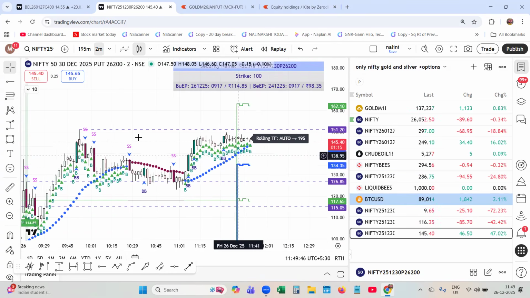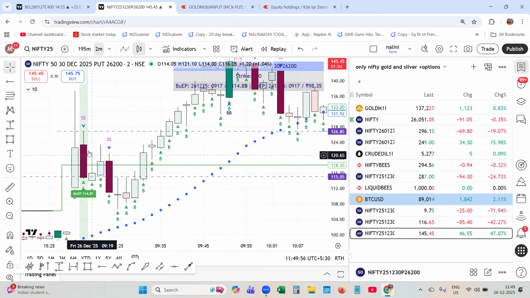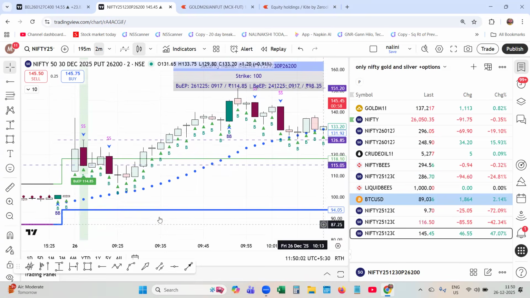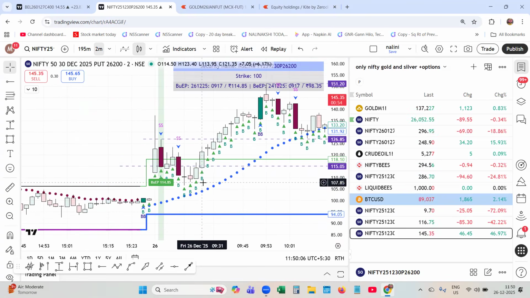That's how it is. With the help of my episodic indicator, turn it to the 2 minutes time frame, then you will get an episodic pivot trigger, and you can utilize it. And you have to apply your mind. See the rolling pivot, the price is above the rolling pivot; this is the pivot and this is the R1.